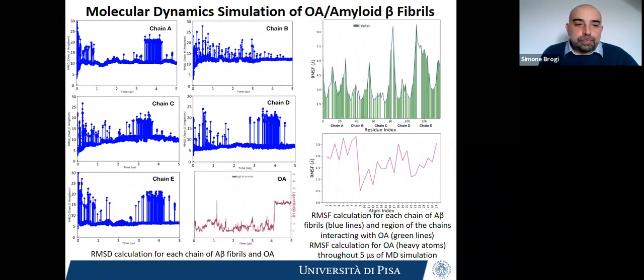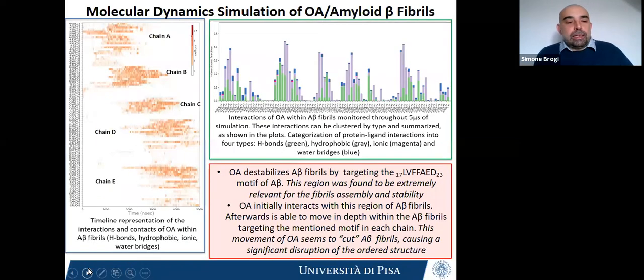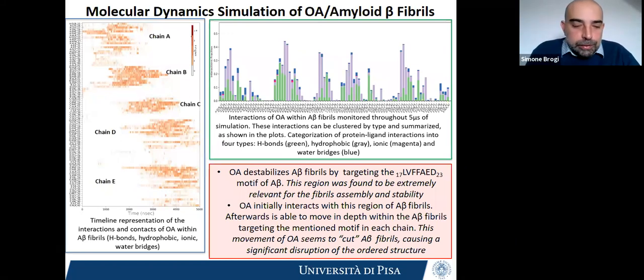And these results were also observed by the timeline representation of the interactions and the contacts of oleuropein aglycone within amyloid beta fibrils.